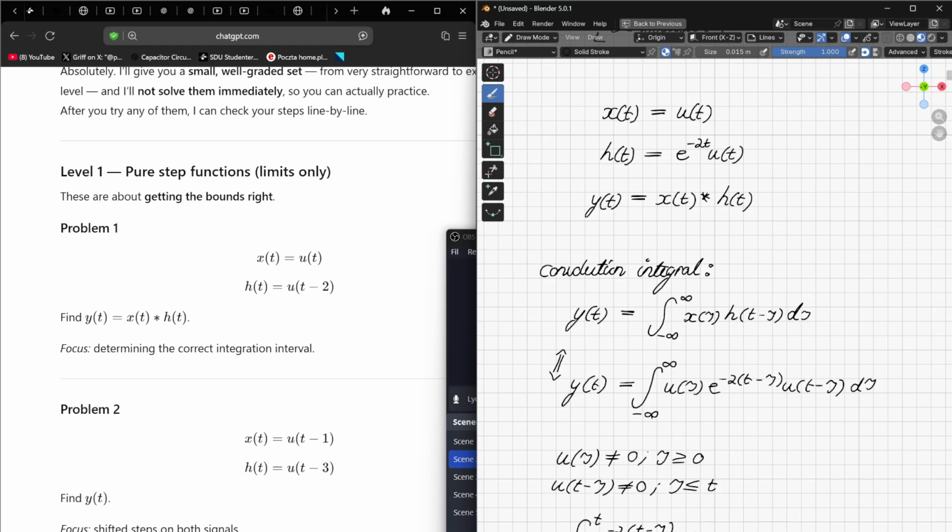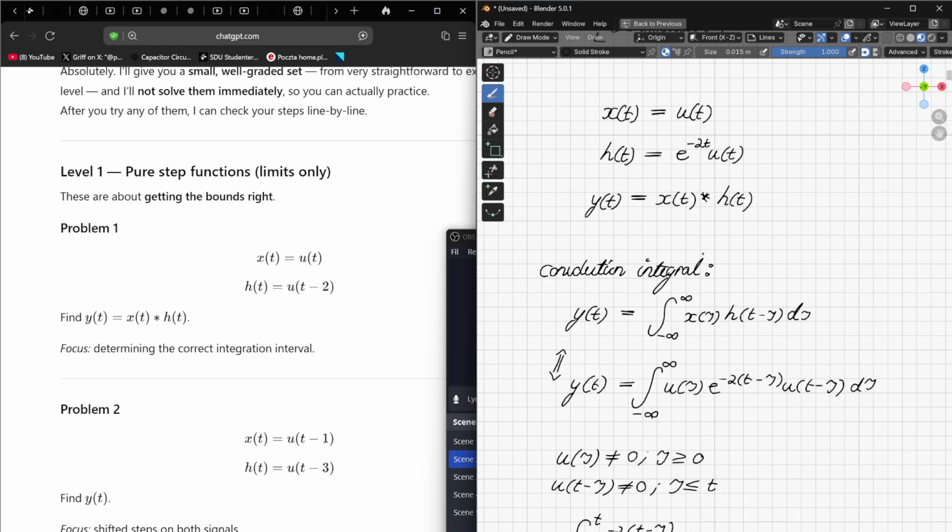So here, x of tau times h of t minus tau, we can plug these variables inside here, so we get y of t equals the integral between minus infinity to infinity of u of tau, times e to the power of minus 2 times t minus tau.